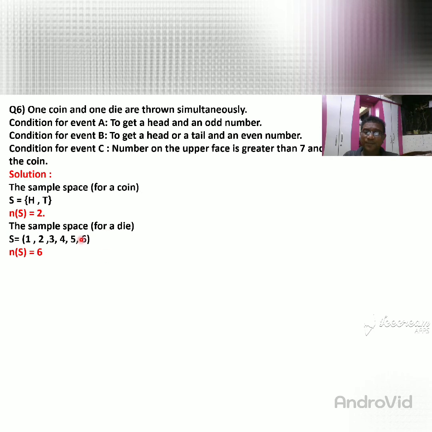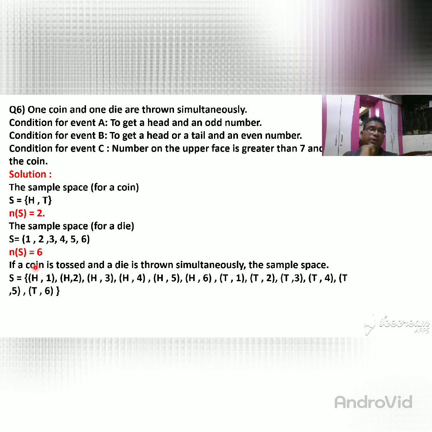You write your sample spaces, but they are written separately. I want to write the sample space together. How can you write it together? Very simple. First you take the head, and that head can make pairs with 1, 2, 3, 4, 5, 6. Do not confuse.